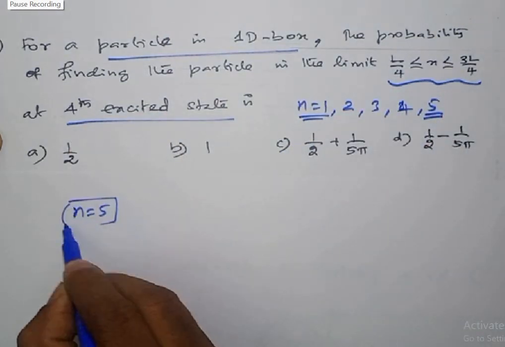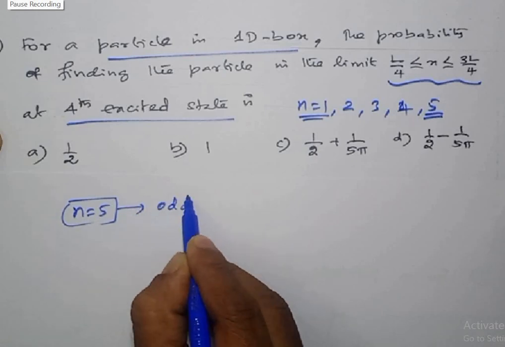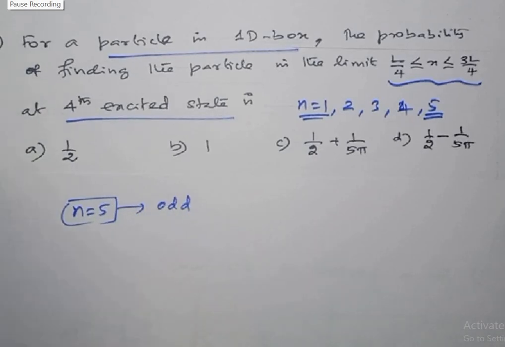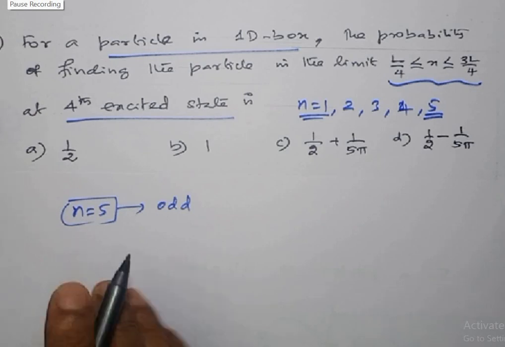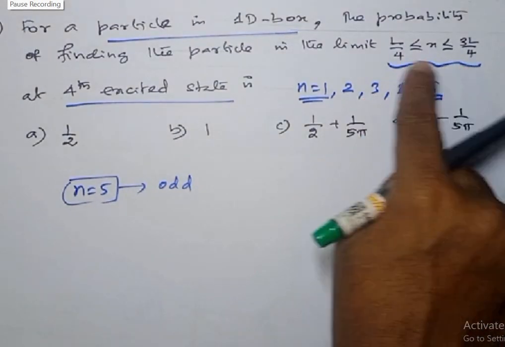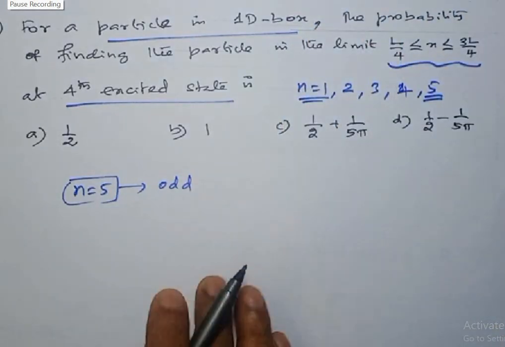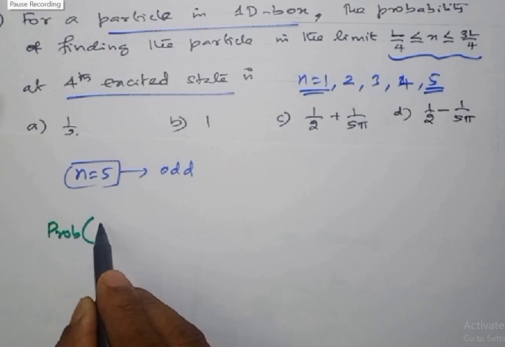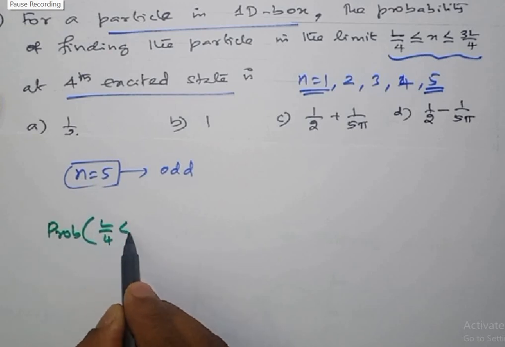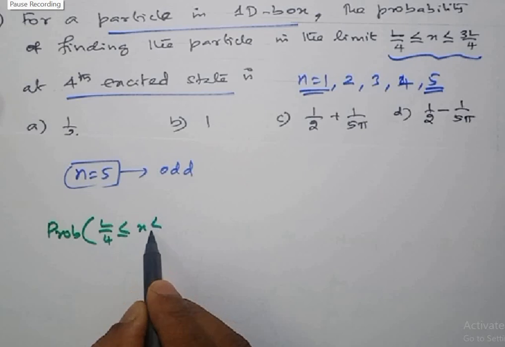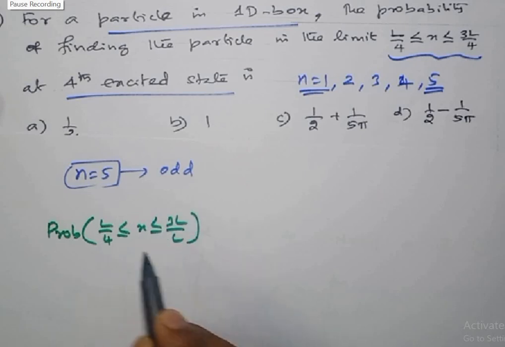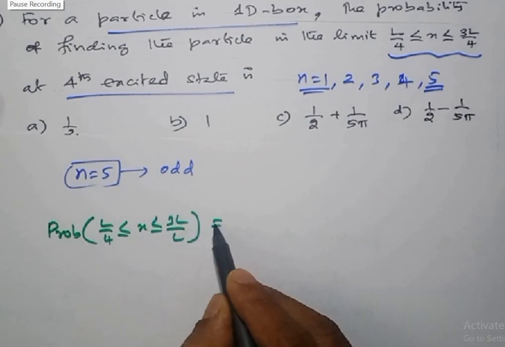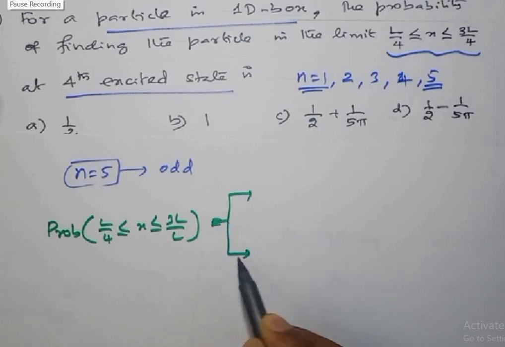n equal to 5. It is an odd number, and you know very well, this is the formula of probability. This probability between this range is very important because it's a constant; you need to remember that. Probability in the limit L by 4 to 3L by 4, in this range, has two different values.